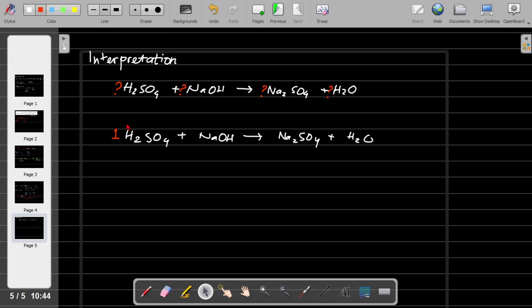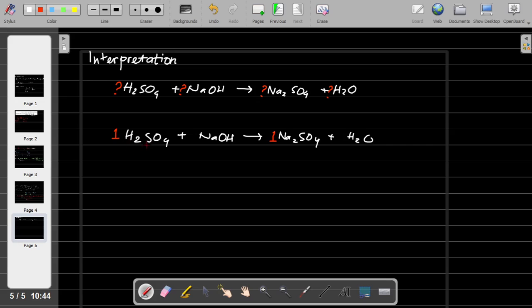Because we have a coefficient of 1 for this H2SO4, we have 1 S on the left side. So on the right side, we also have to put 1 S, so we put 1 here.